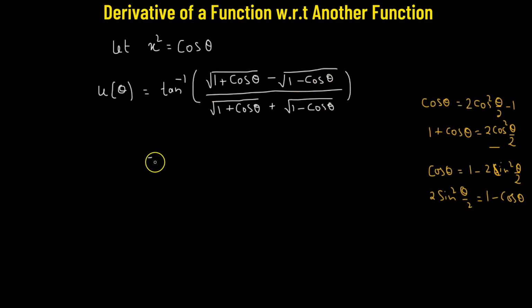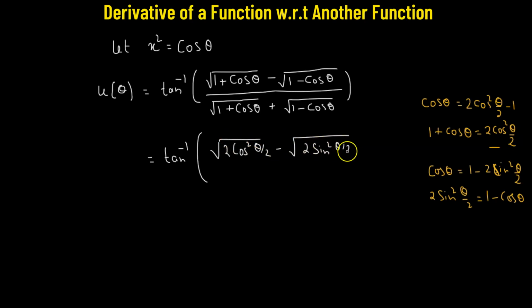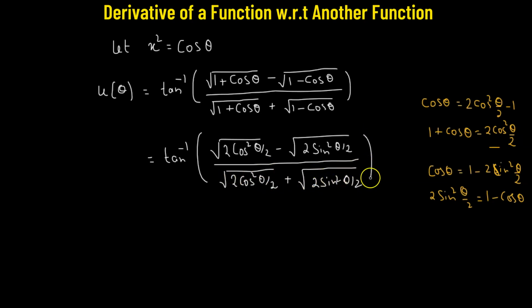So let's begin. This will give us inverse tangent of square root of 2 times cosine squared theta over 2 minus square root of 2 times sine squared theta over 2, whole thing divided by square root of 2 times cosine squared theta over 2 plus square root of 2 times sine squared theta over 2.